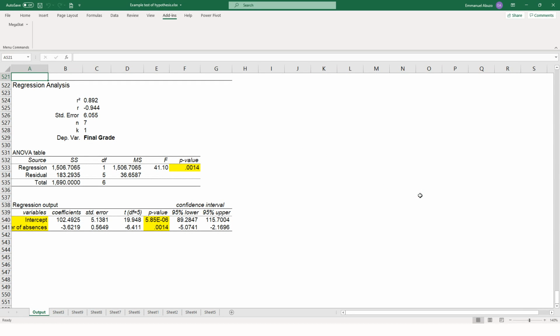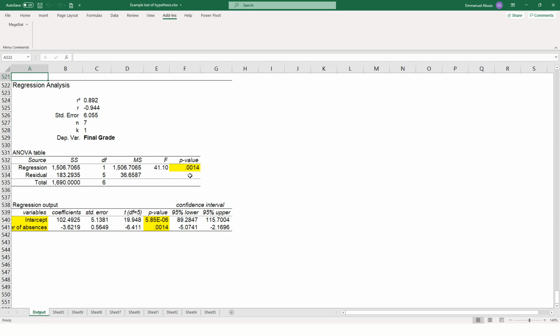So this would be our regression analysis. As we can see here, our R is negative 0.944. Now here we could see that in our ANOVA table, the p-value is 0.0014.